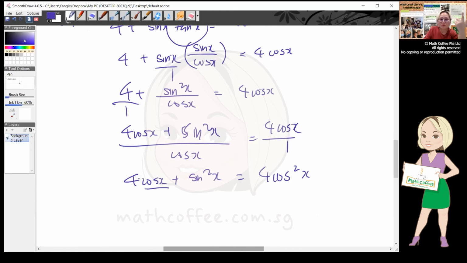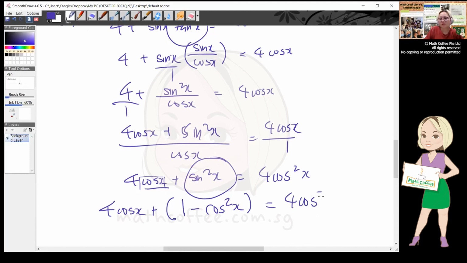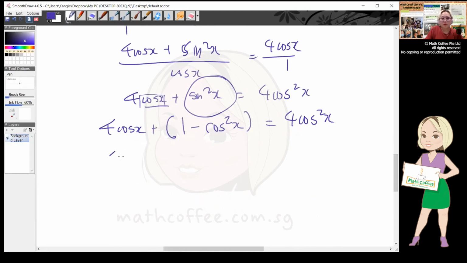You see, this one cosine x, I cannot do anything, so my cosine x will stay there. In this case, I will have to change my sine square x to become cosine square x. So 4 cosine x plus, open bracket, 1 minus cosine square x equals 4 cosine square x.